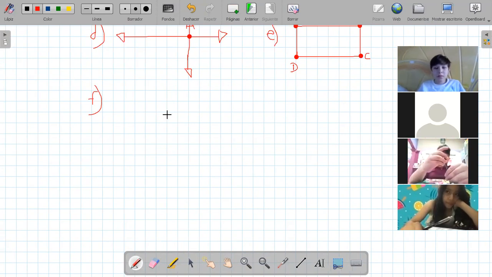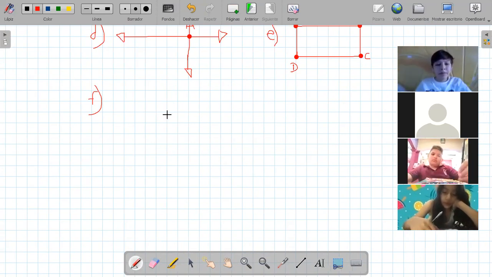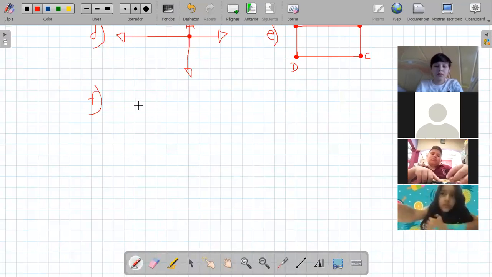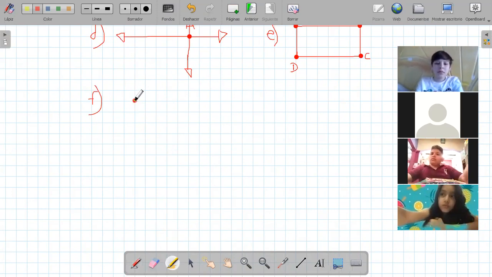It says three rays, each one with a common starting point A. First of all, we are going to start with the point. Now, it says 3 rays. How are we going to do 3 rays?